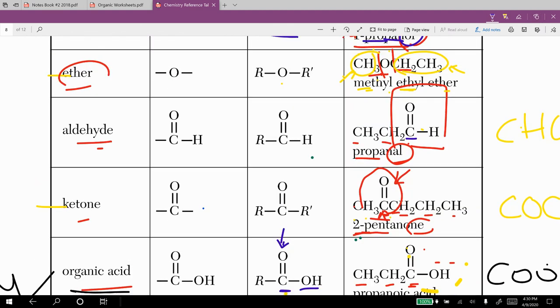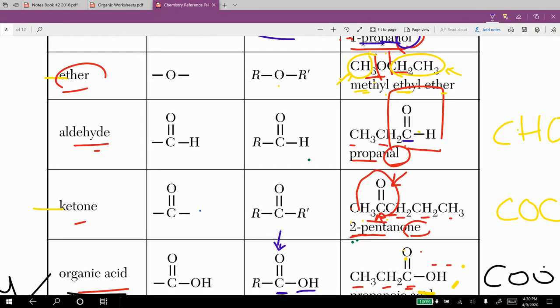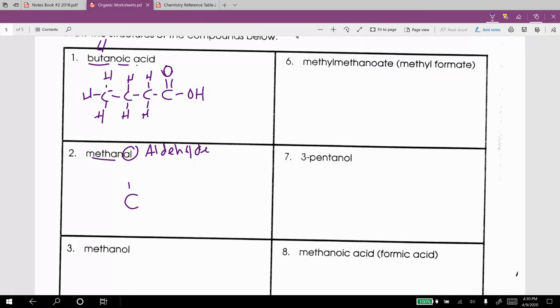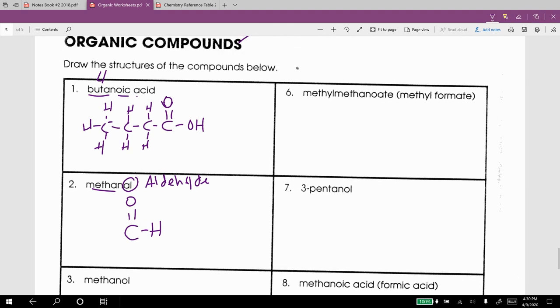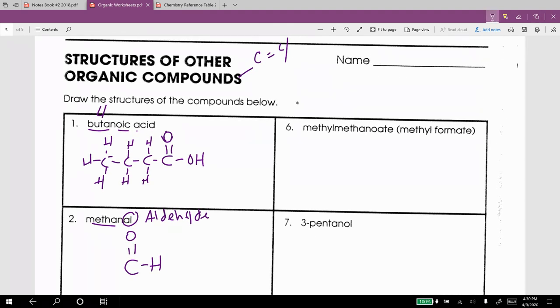So I have the carbon-oxygen double bond and an H at the end, making sure that every carbon has 4 bonds around it, right? Every carbon gets 4 bonds. How many bonds does this carbon have? It has 1, 2, 3. It needs 1 more bond, and then an H.